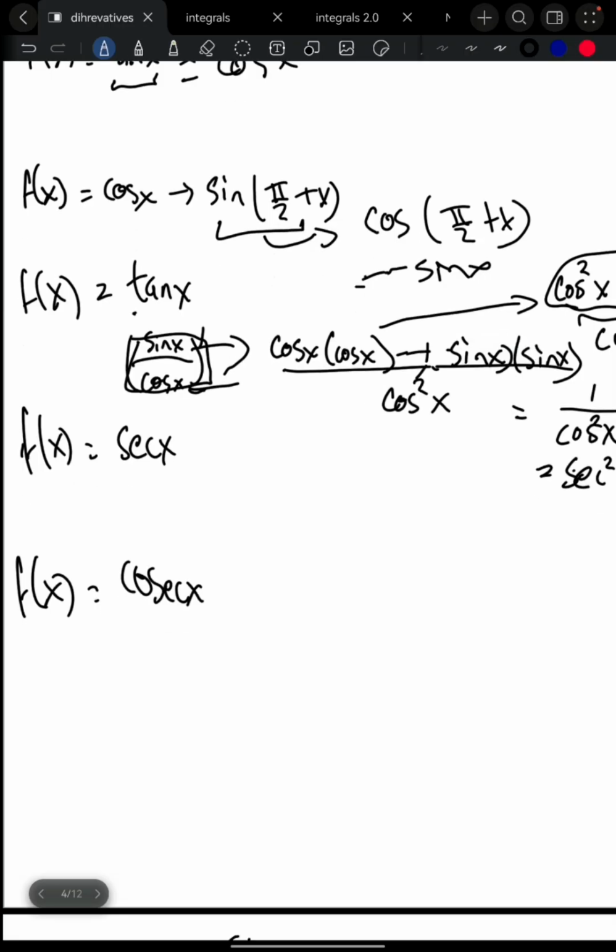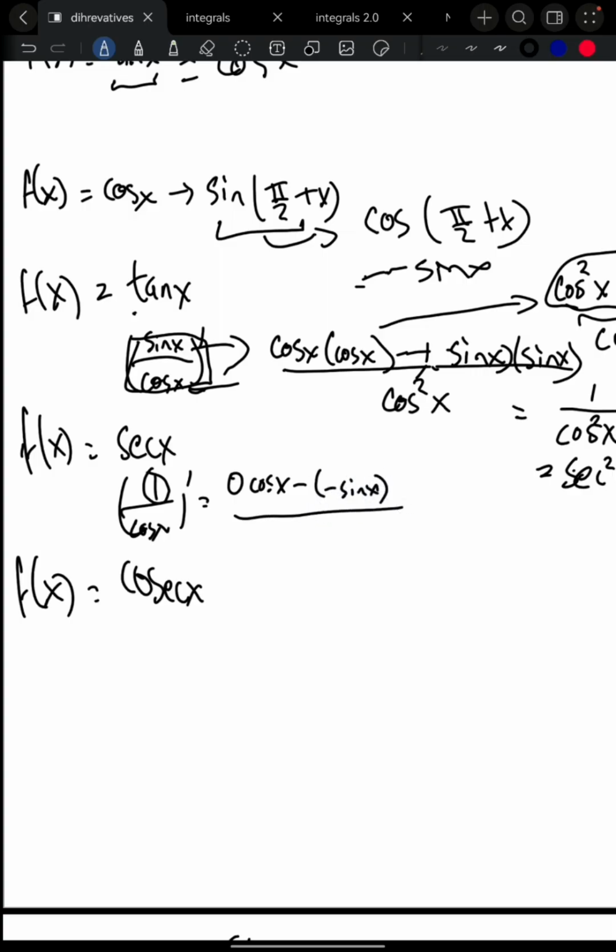You could do the same thing for secant. Let's say secant is 1 over cosine of x, right? So we're gonna use the quotient rule again. The derivative of 1 is 0, so it's gonna be 0 times cosine of x, which is just 0, I know, but for you to understand. That minus the derivative of the bottom, which is negative sine x, times 1, because the top one, yeah, my bad, divided by cosine squared x, because that's the bottom one.